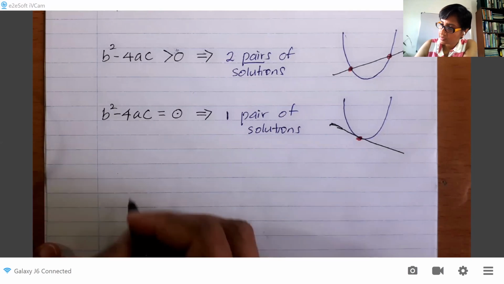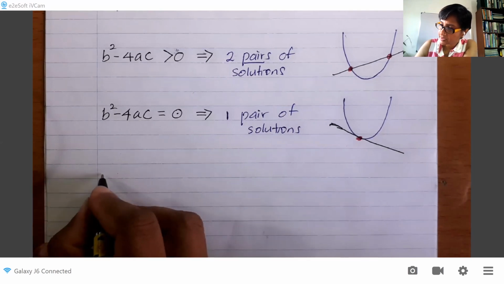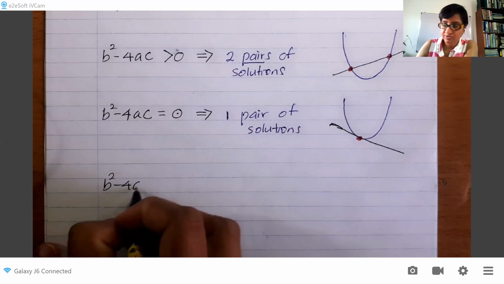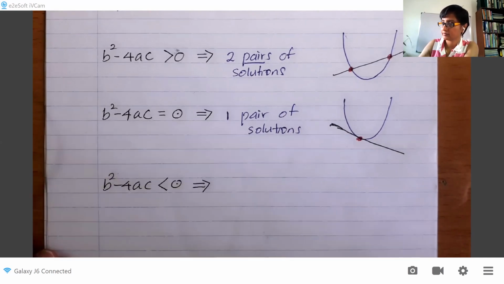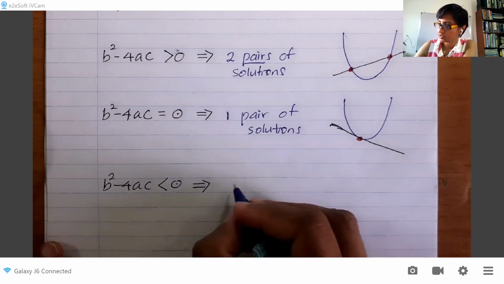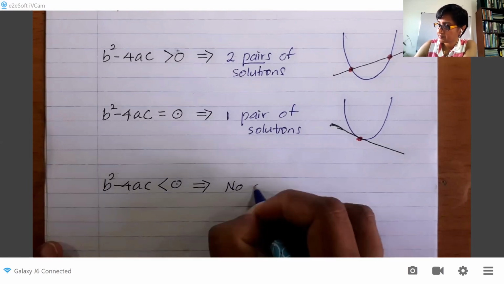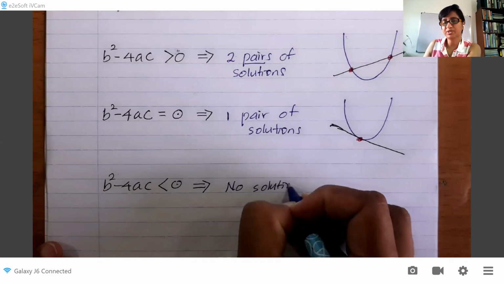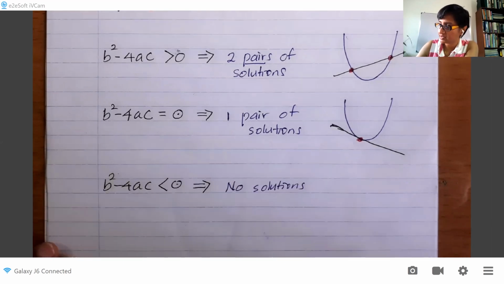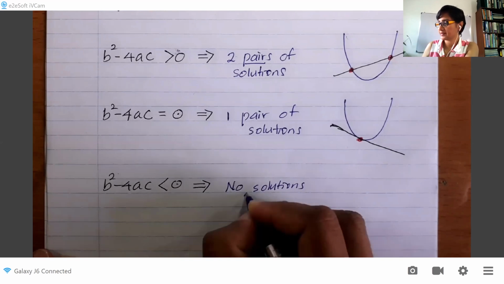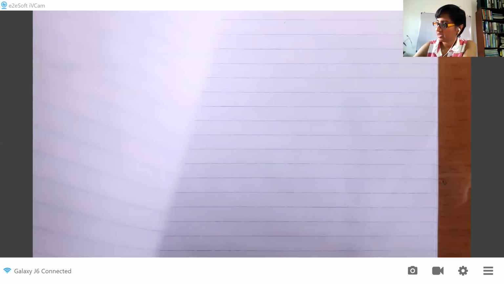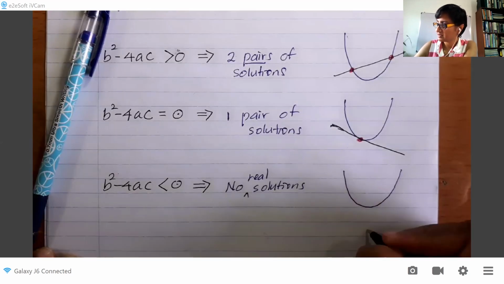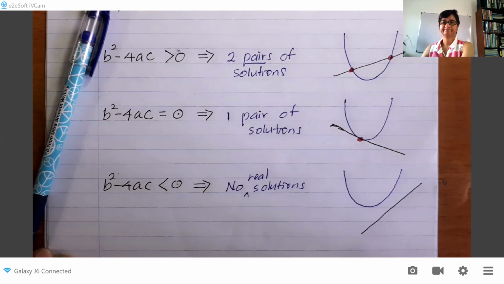If your b squared minus 4ac is less than 0, no solutions. And actually we mean no real solutions, okay? No real solutions. That means the parabola and wherever your straight line could be like that, no intersection between them graphically.